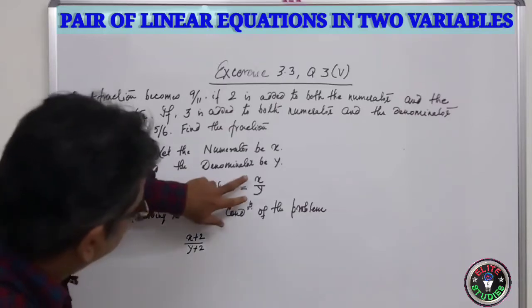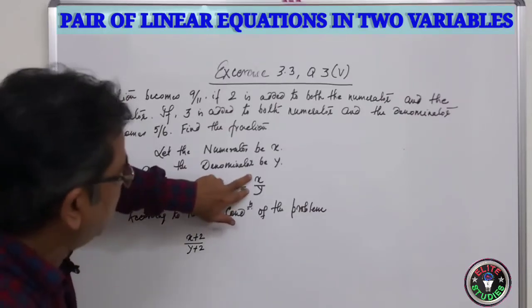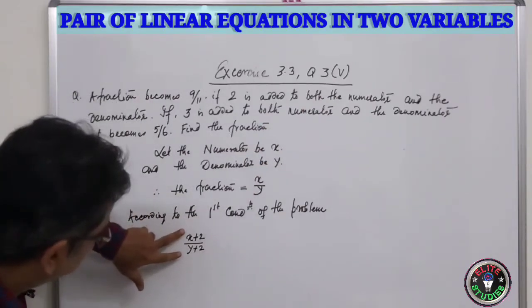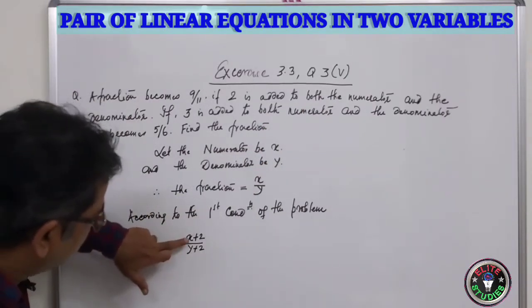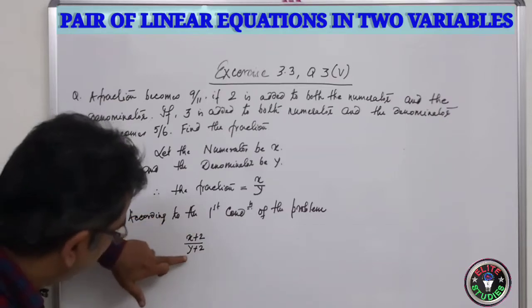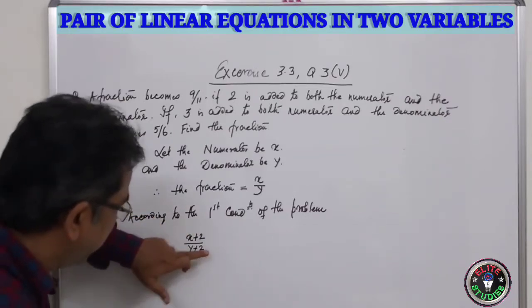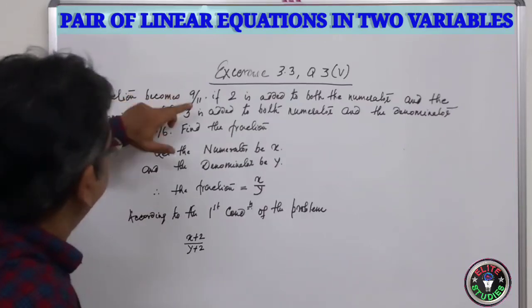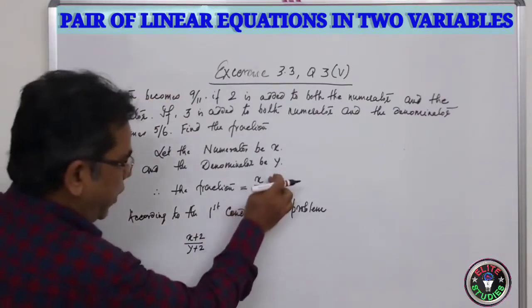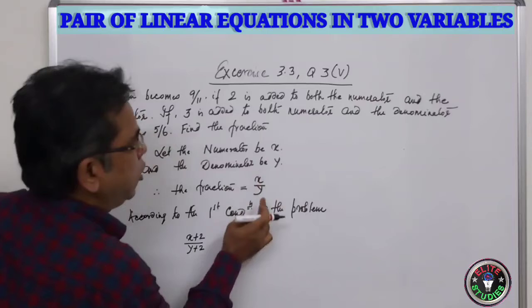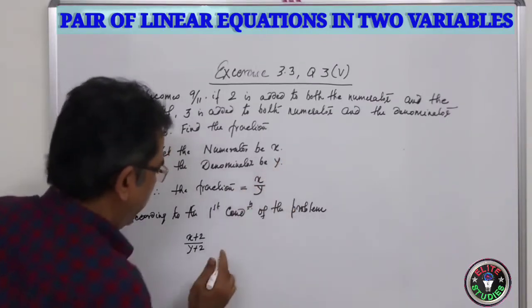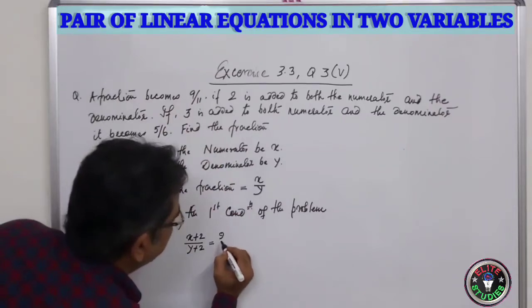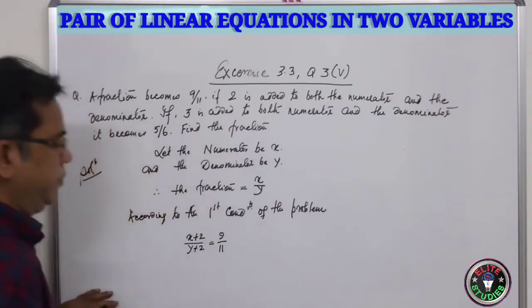Our original fraction was x by y. Now, as per the given condition, our new fraction has x plus 2 as the new numerator and y plus 2 as the new denominator, and this becomes 9 by 11.